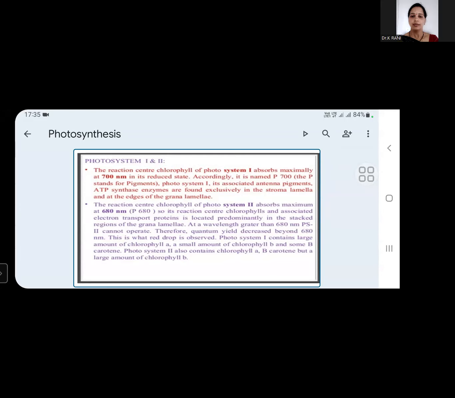At a wavelength greater than 680 nanometers, there is the red drop, as I told you, so only one system is involved at that stage. Photosystem 1 contains a large amount of chlorophyll A, a small amount of chlorophyll B, and some beta carotenes.